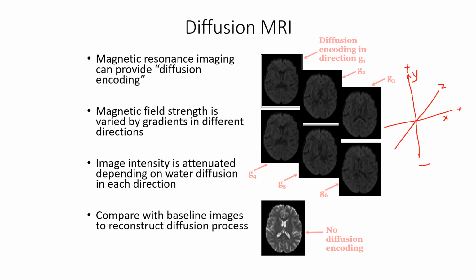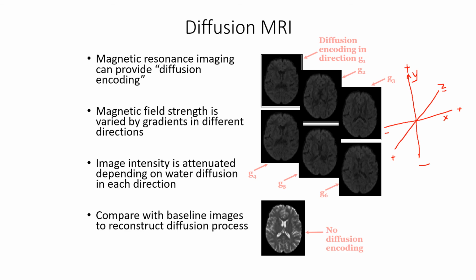Same thing with X, and same thing with Z. So we're going to sample all of these. And I guess I should mark that one as our negative and our positive coming out of the screen here. So we'll have our different directions, and that's our minimum. We can look one time in each direction along the major axes, and so that's our 6 gradients there.